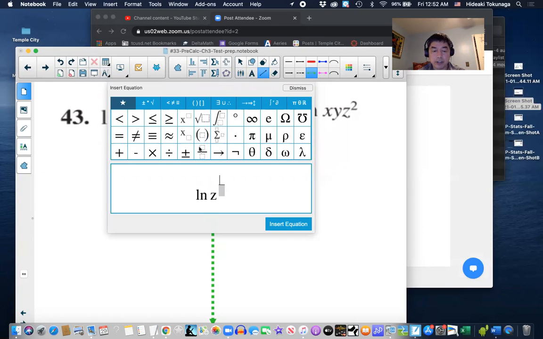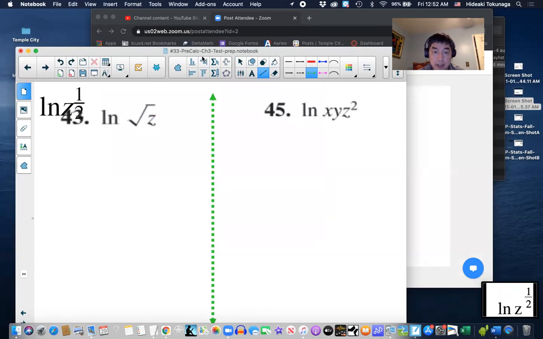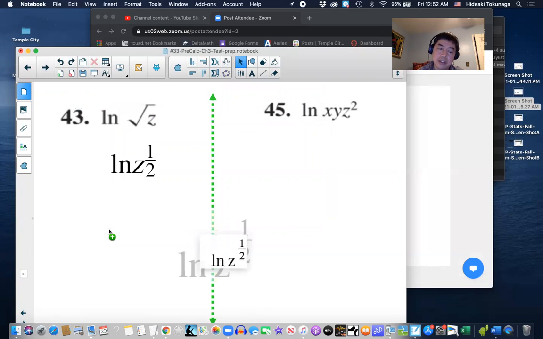So I write down half here. I don't know if this one comes out very clean, so let me see if I can cut and paste this equation. It doesn't come out pretty, so I use that picture instead.